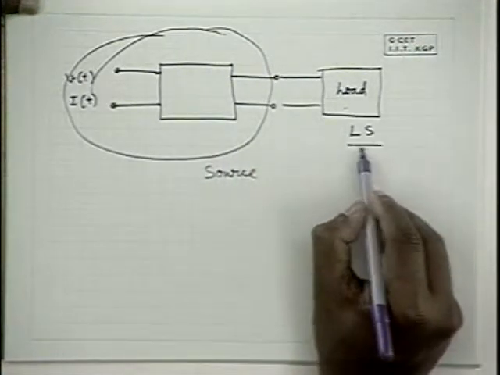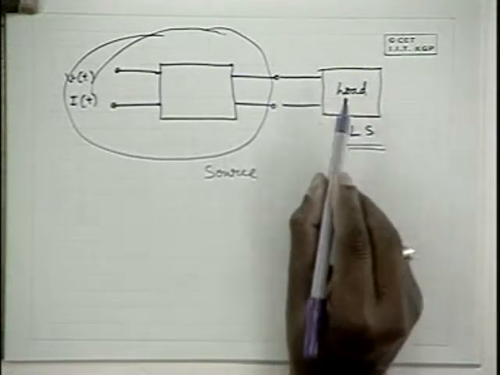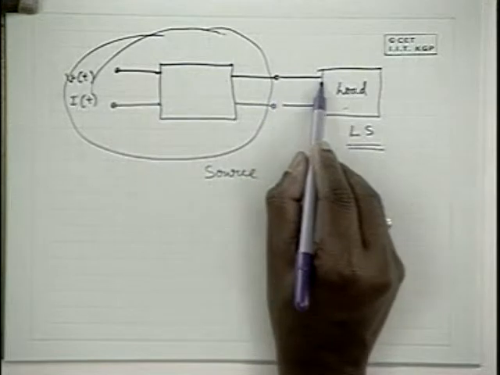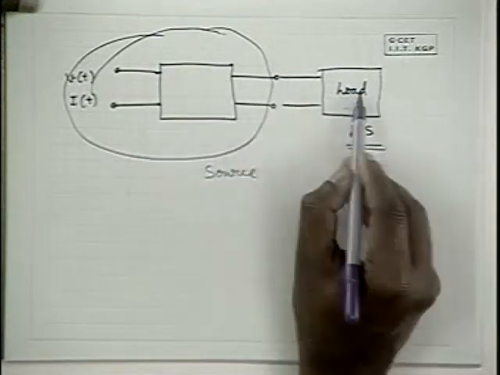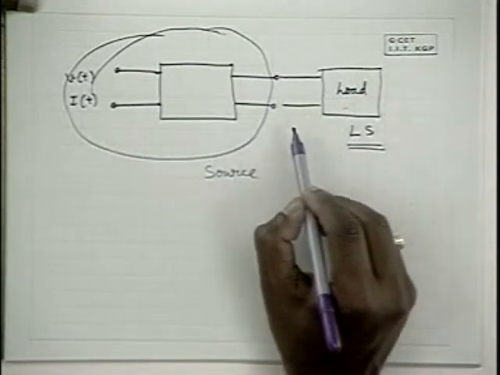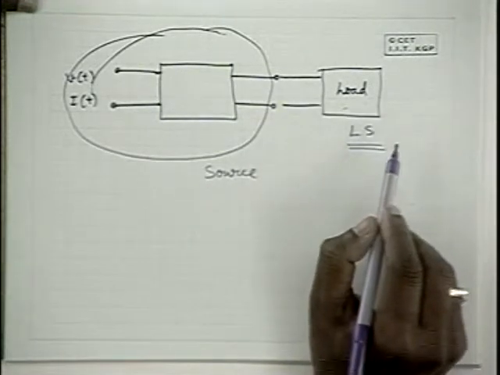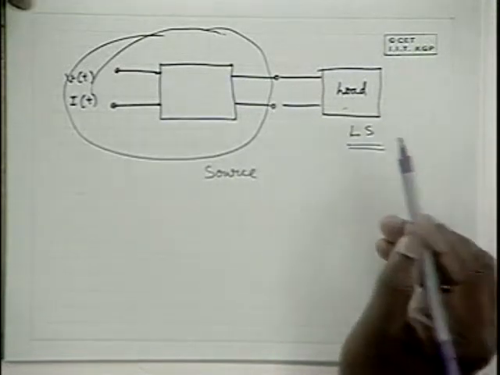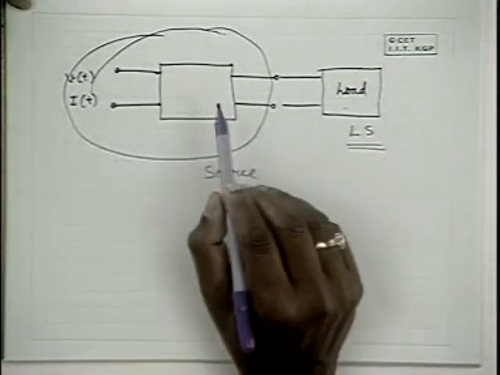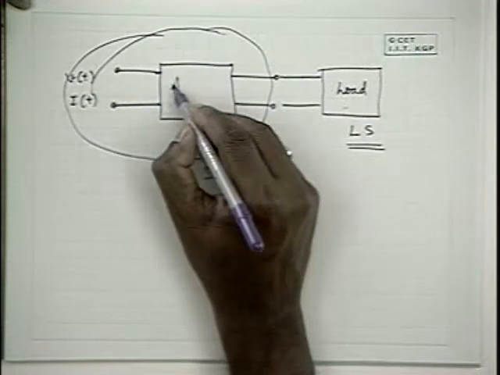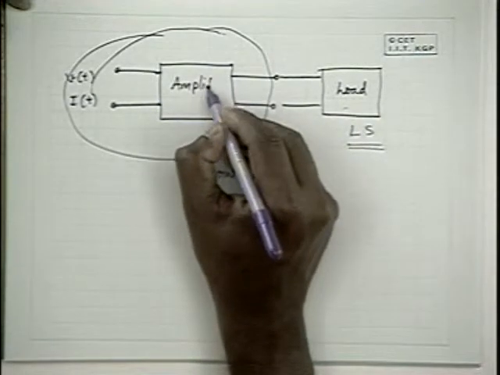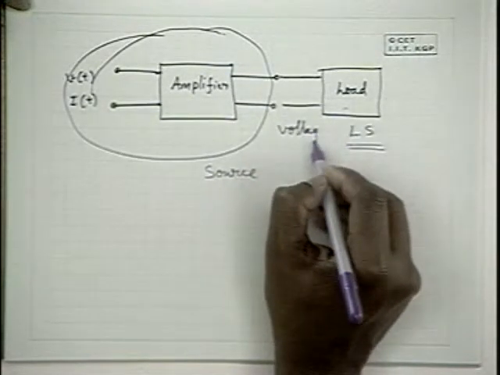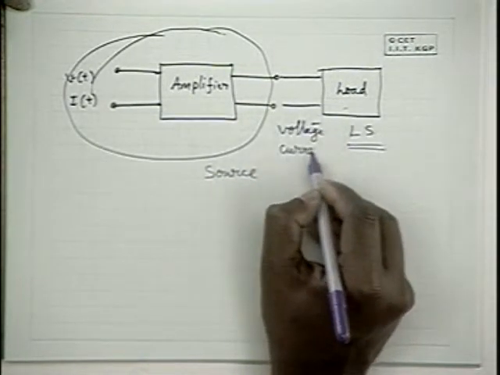And depending on the application and the particular load, you may need an amplified voltage signal or amplified current signals to drive the loads. Hence, an amplifier also needs to give either a voltage signal at its output or a current signal at its output.